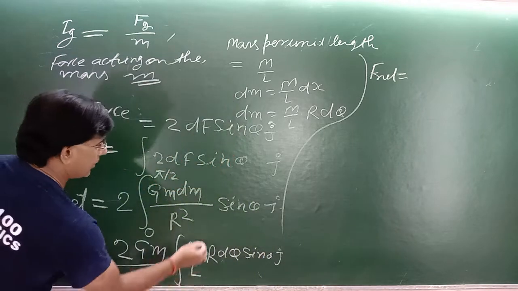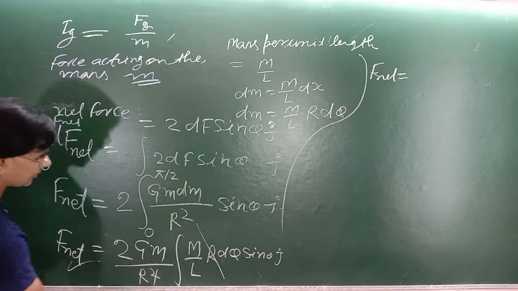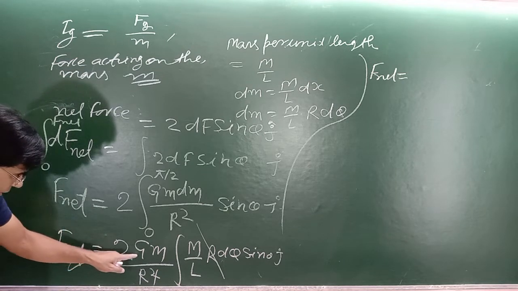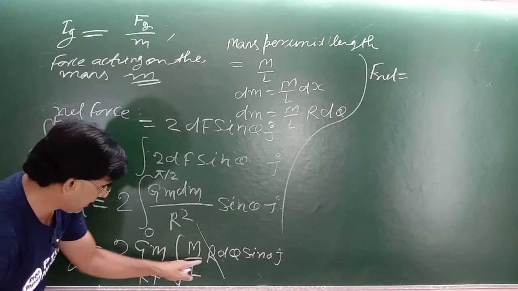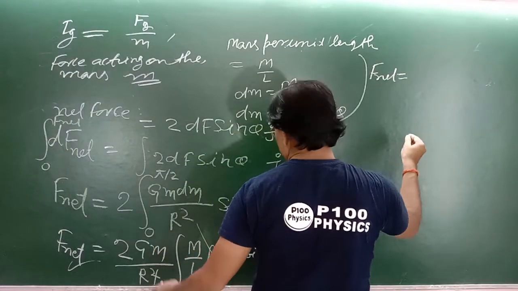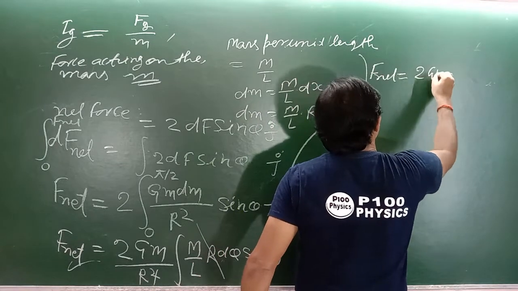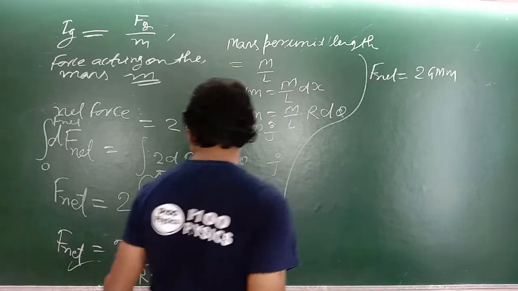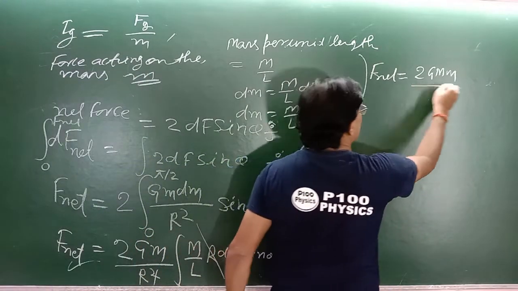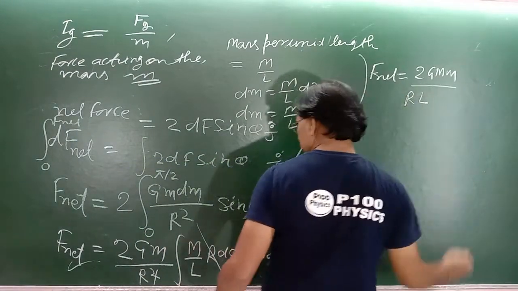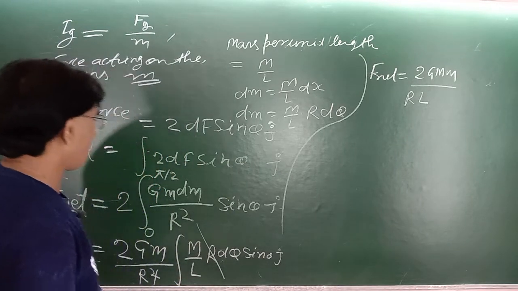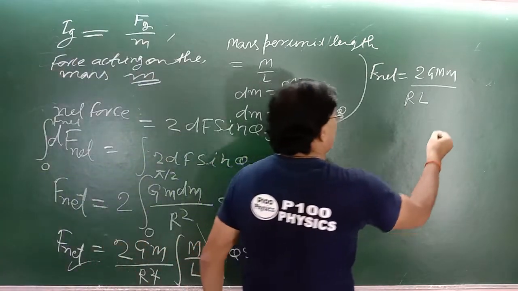Mind here, this r becomes cancelled by this, the power will be single now. 2, G, m and capital M and L both are constant. Therefore 2GmM by RL, and inside will be how much? Sin theta d theta.